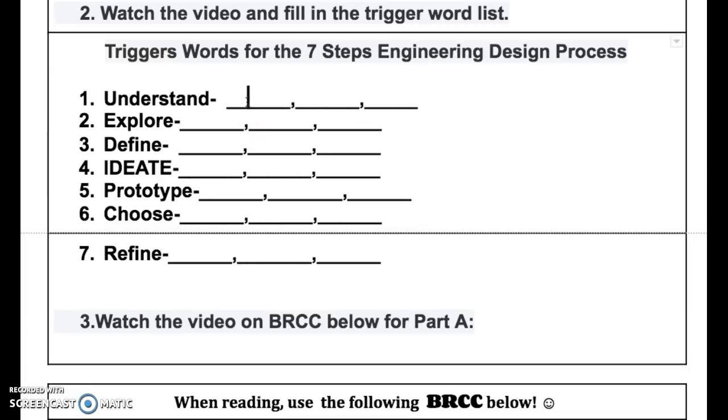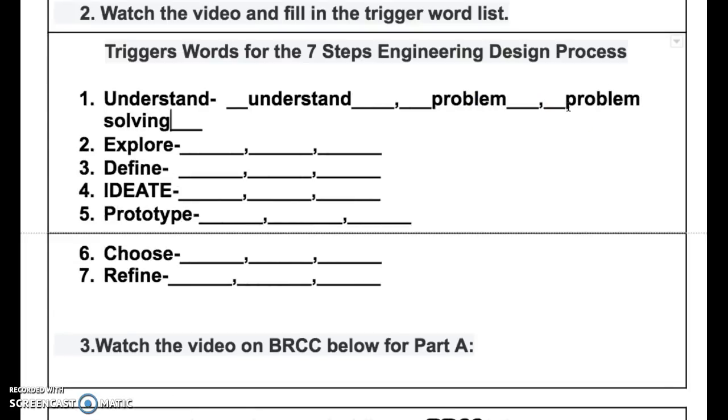So whenever you're dealing with a scenario and you're talking about understanding, the first trigger word that lets you know that you have an understanding scenario is understand. Another word is problem, problem solving.